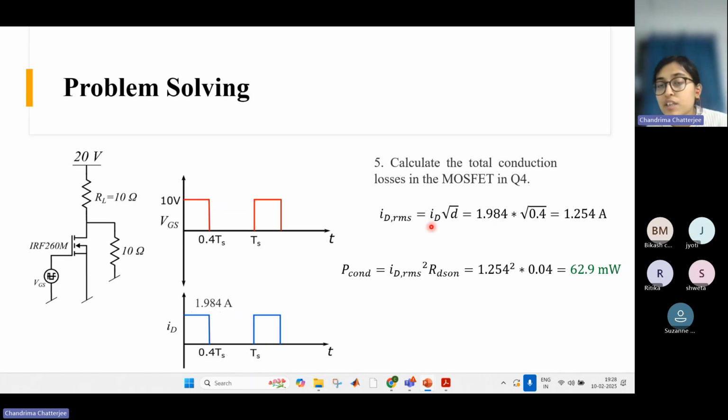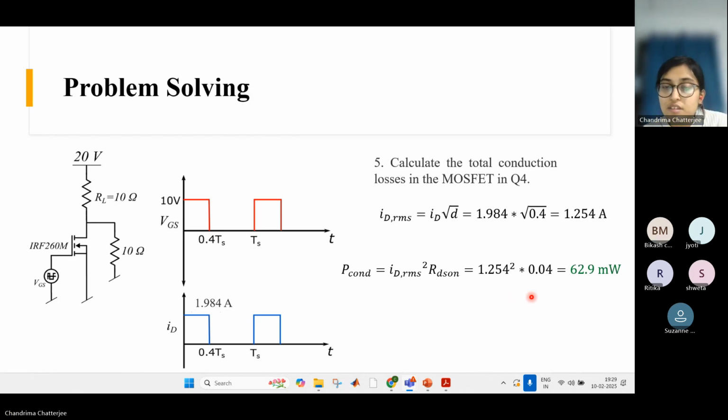If you do that, you will get ID times root D, where D is the duty ratio. The duty ratio here is 0.4, because for 40% of the duration we are providing the pulse. So the current comes out to be 1.254 ampere, and then you can simply find the conduction loss by calculating ID RMS squared times RDS on. Is it clear?